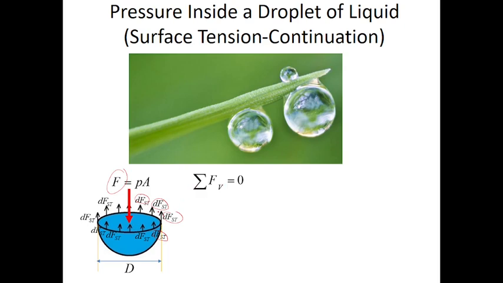So we will sum up forces along the vertical equal to 0. We'll apply here Newton's first law of motion, because in this case there is equilibrium, right? There's no motion, so there is equilibrium.